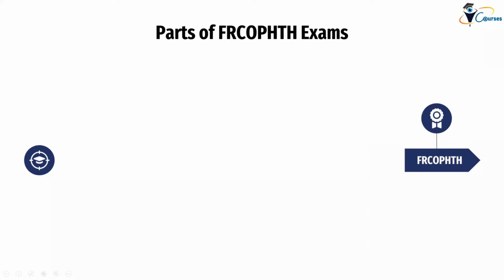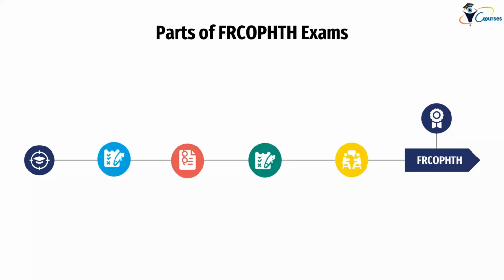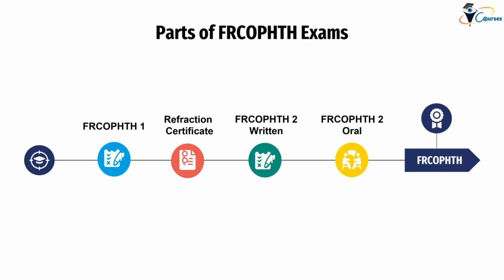Before we go through these exams, we need to know first what the parts of the FRCOphth exams are. The FRCOphth consists of 4 exams until you become designated with the Fellowship of the Royal College of Ophthalmologists. We start with the FRCOphth Part 1, which is an MCQ exam, then the refraction certificate, then the FRCOphth Part 2 written, and finally the FRCOphth Part 2 oral.